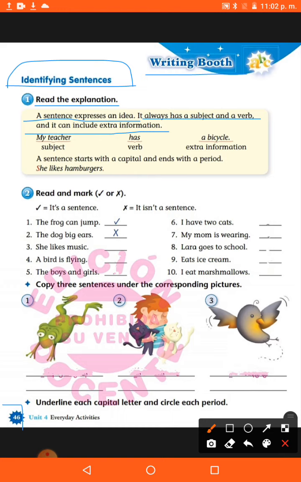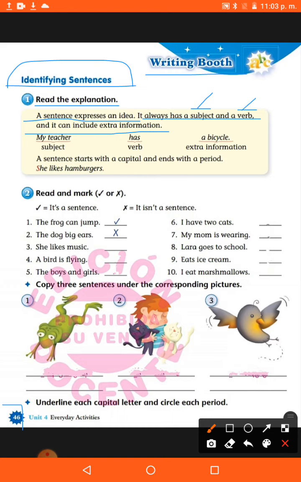A sentence expresses an idea. It always has a subject, this is important, and a verb, and it can include extra information. Okay? Here you have the rules.